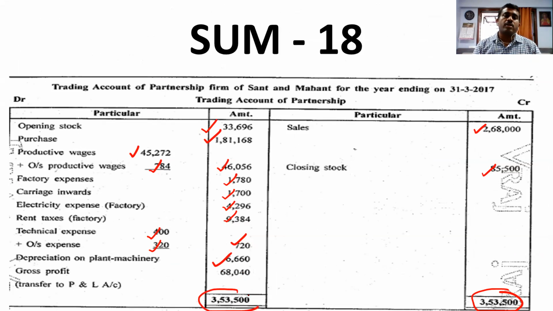The same total comes here also, 353,500. Deduct all the values of the debit side. So we get this particular answer, 68,040, that we have to transfer here.